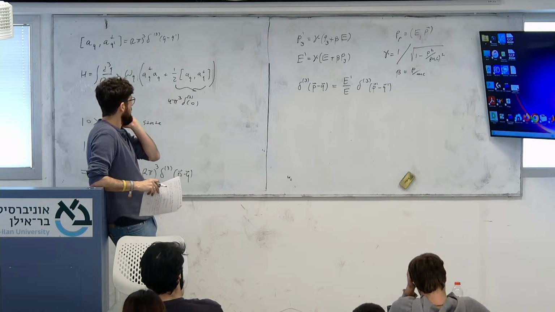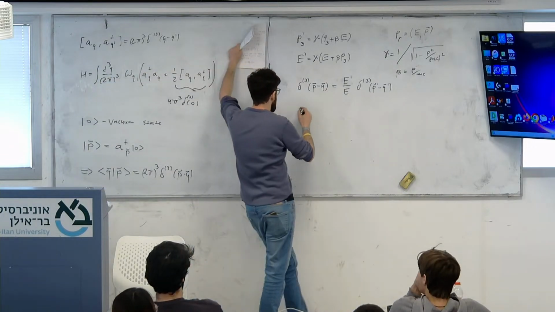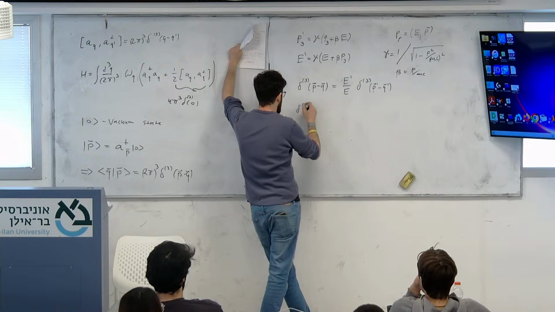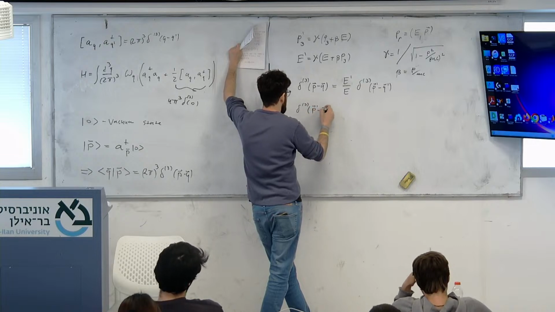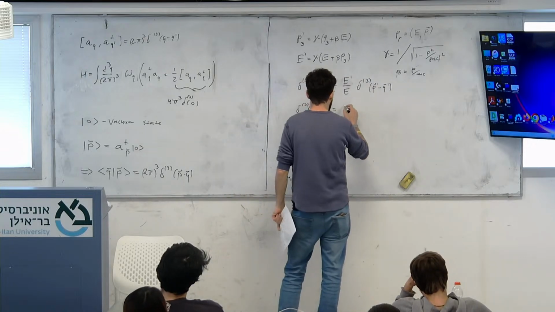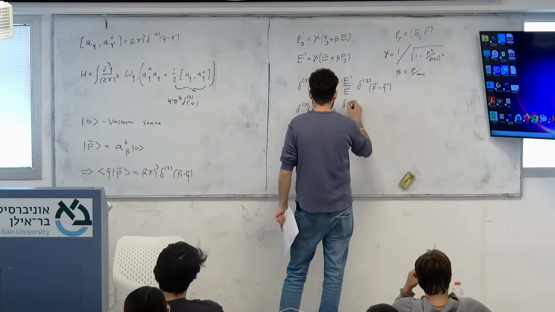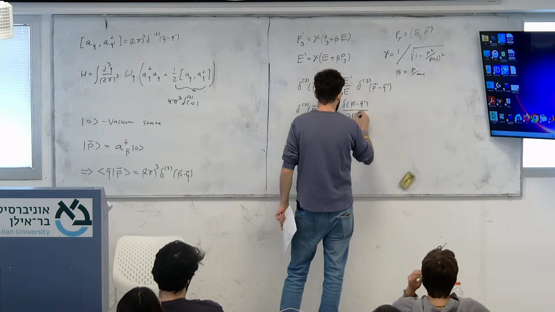So now, how do we see this? We see this because we use delta 3 of, say, p prime minus q prime, which is something like delta of p minus q divided by d p prime minus q prime.